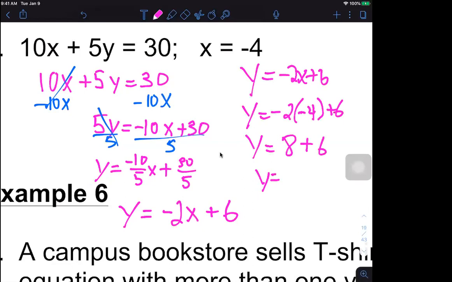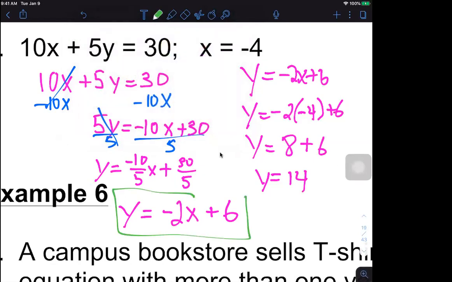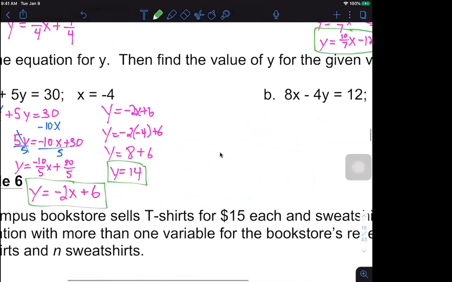Perfect. You did a great job. There you go. And there's our two answers we have here. We have our solving for y, the first step, and then we also had when we plugged in for x, the second step. So part B is going to be exactly the same way.